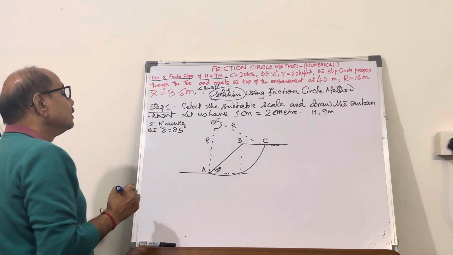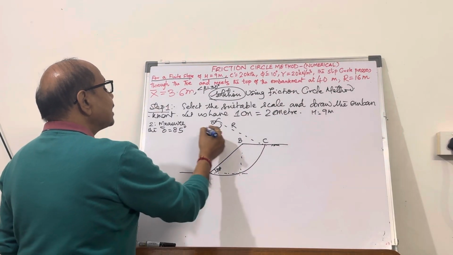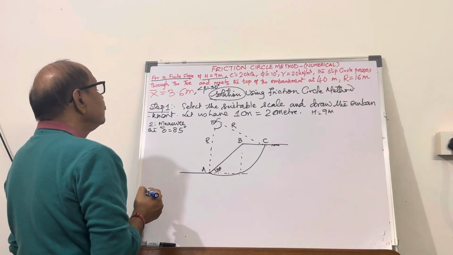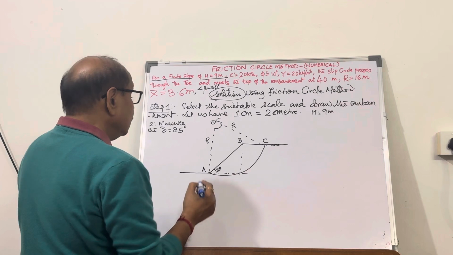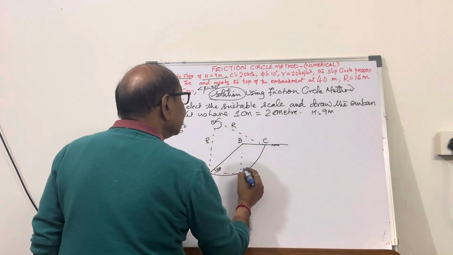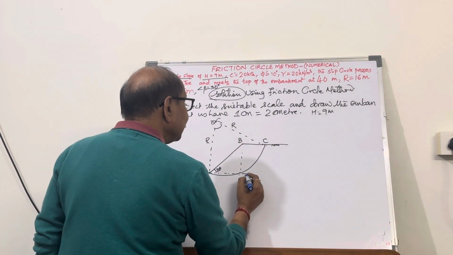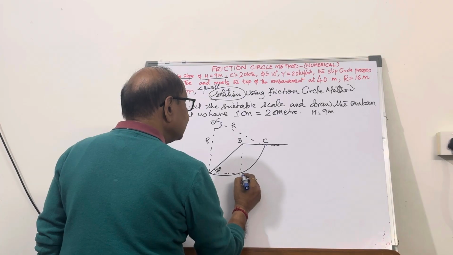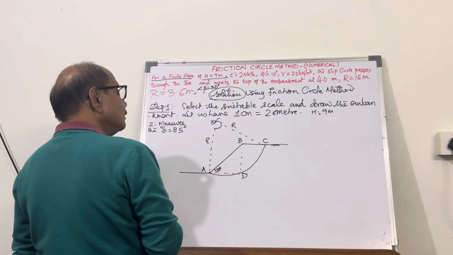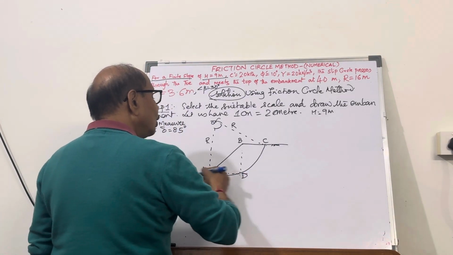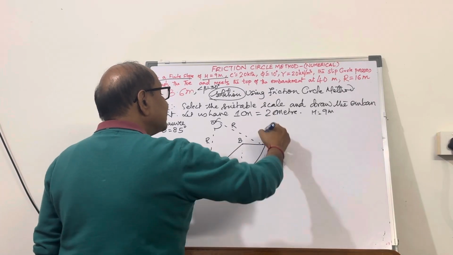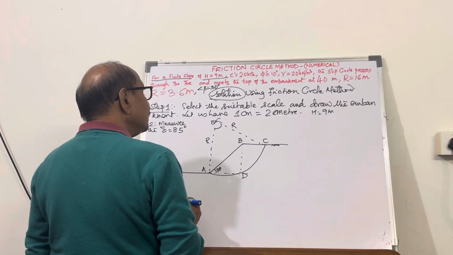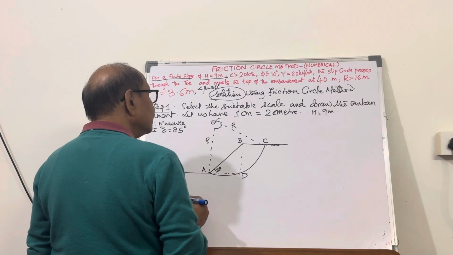So friends, this angle is known to you. Now, let's say A, B, C, D, this is D. So ADC is an arc of a circle.